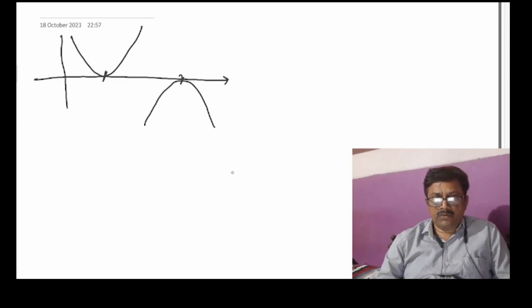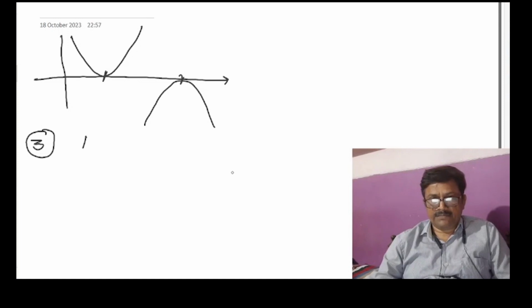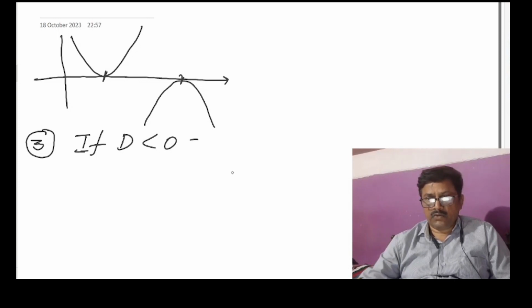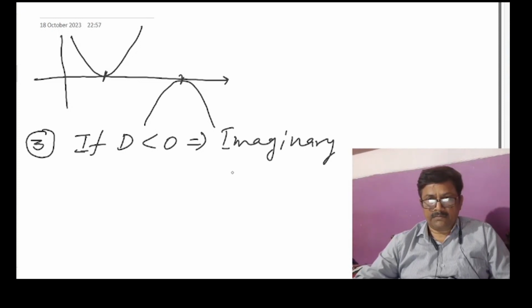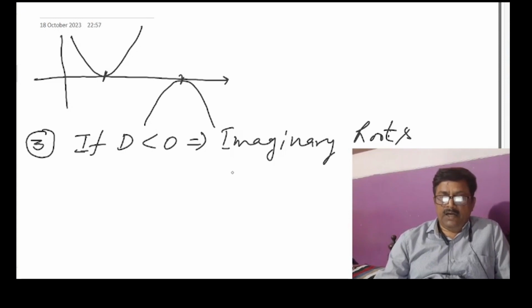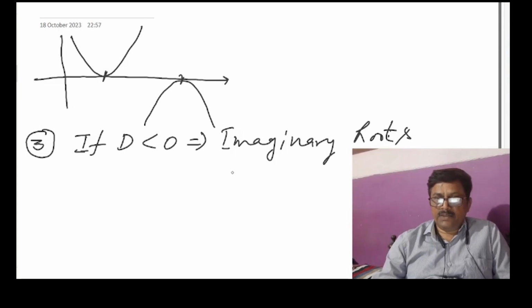Now I come to the third point of this concept. If the discriminant is negative, there are imaginary roots. We all know if the discriminant is negative, there are imaginary roots.